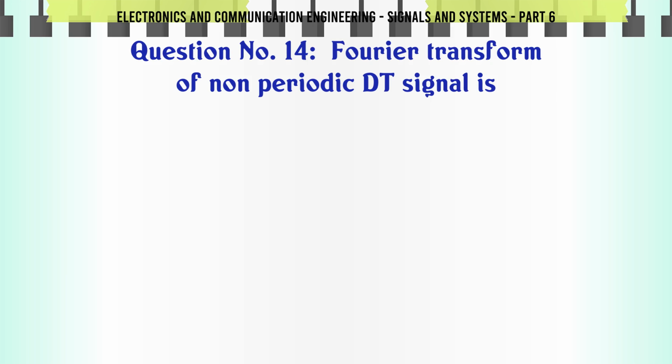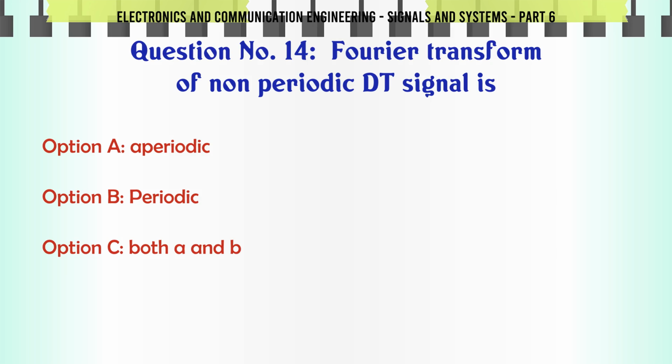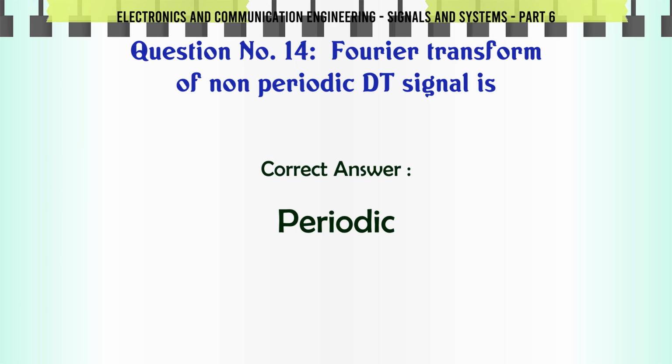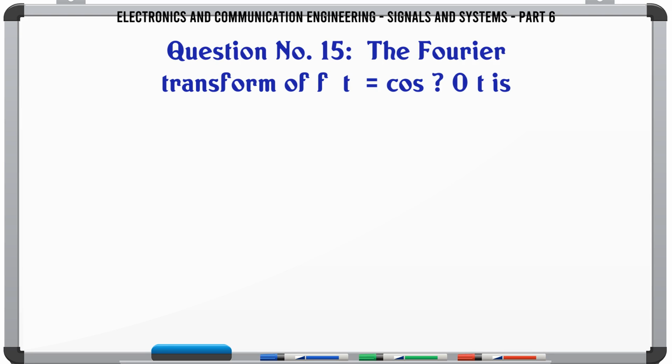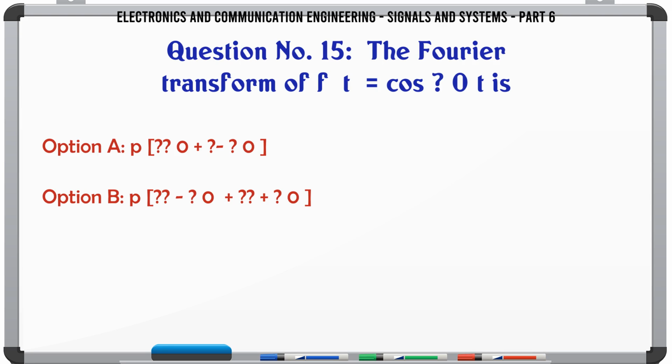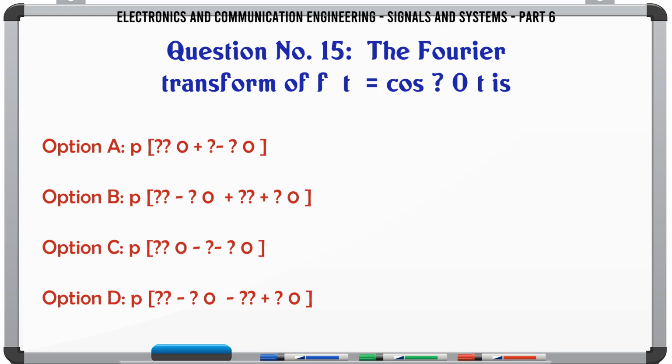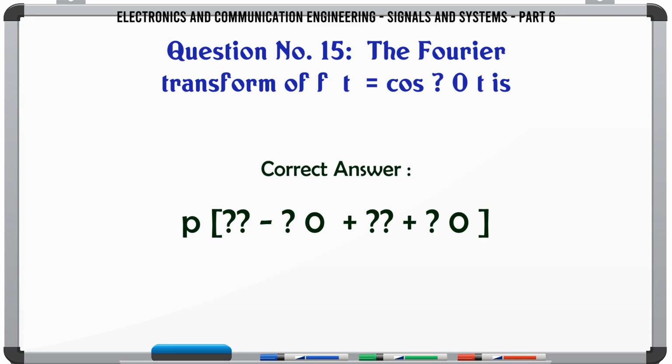Fourier transform of a non-periodic signal is: A. aperiodic, B. periodic, C. both A and B, D. none of these. The correct answer is periodic. The Fourier transform of f(t) = cos ω0t is A, B, C, D with π[δ(ω−ω0)+δ(ω+ω0)]. The correct answer is π[δ(ω−ω0)+δ(ω+ω0)].